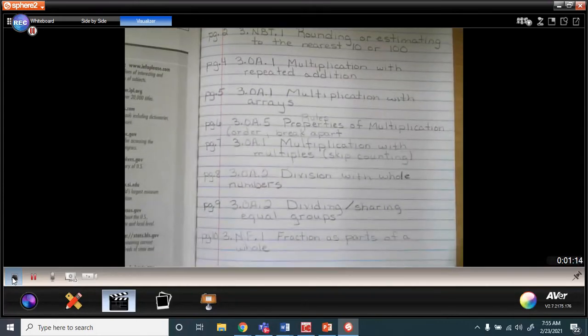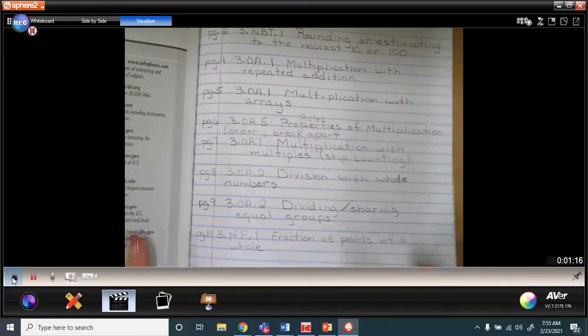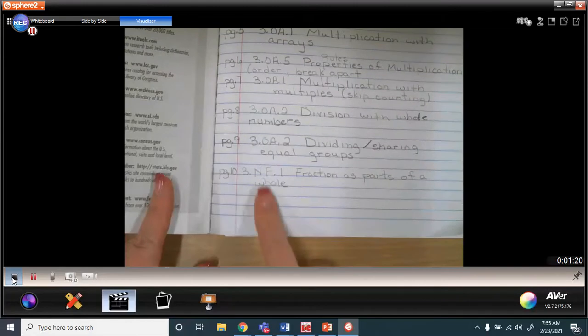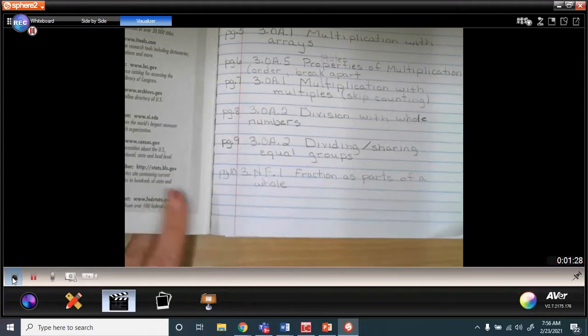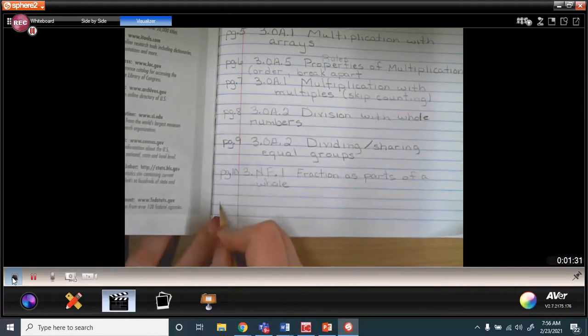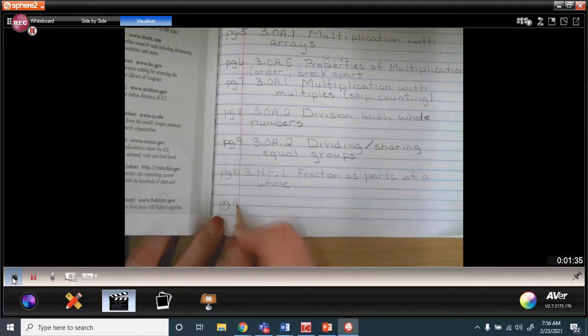So let's take a look at our table of contents. In our table of contents, the last set of notes that we took had to do with numbers as fractions, and we did fractions as parts of a whole. And remember, the front is always the page that we're looking at.